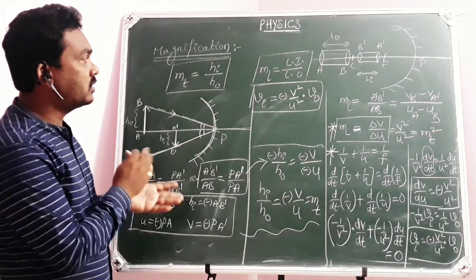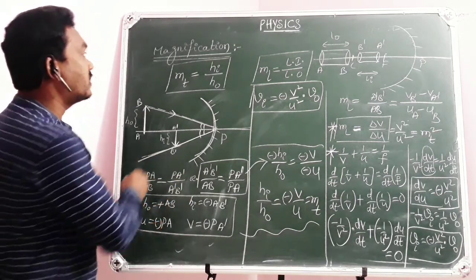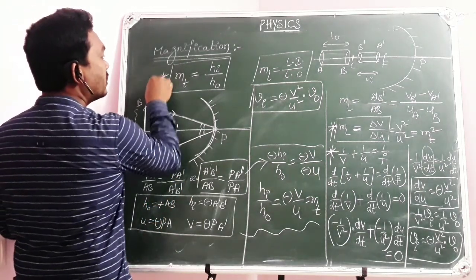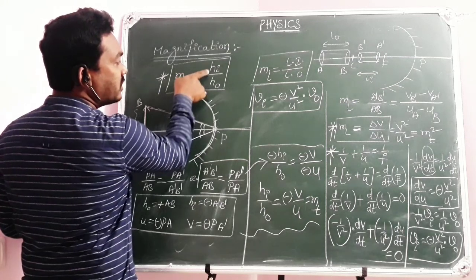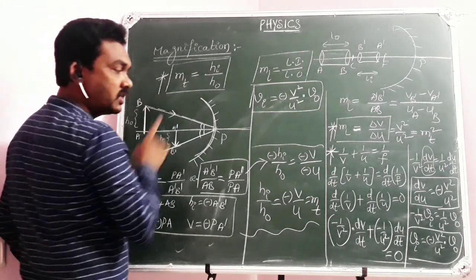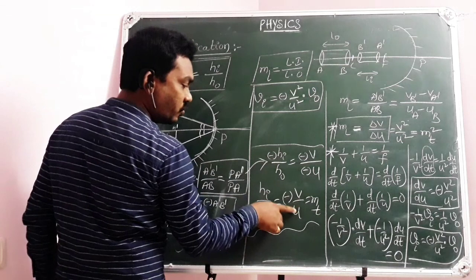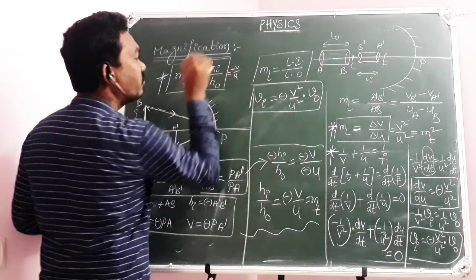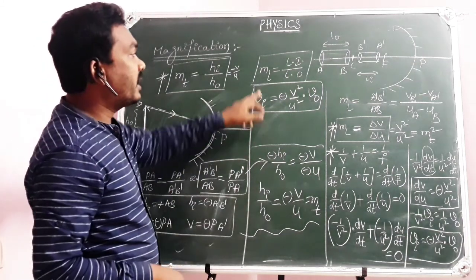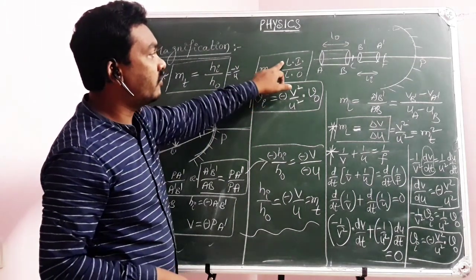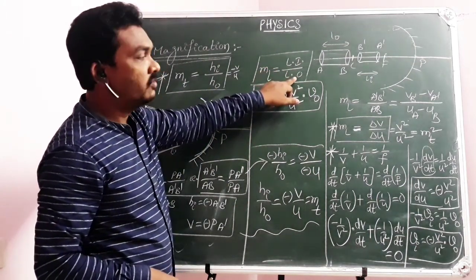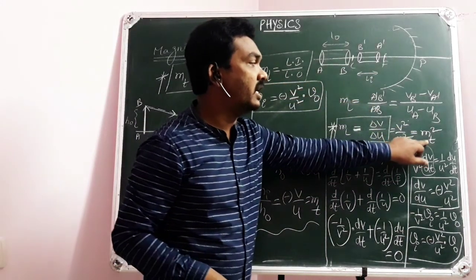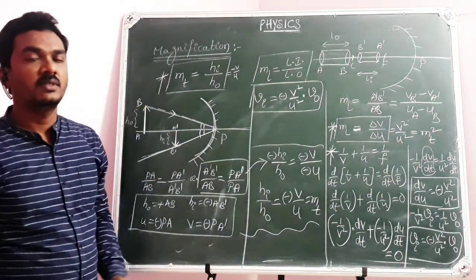So what are the conclusions from this board? Transversal magnification is the ratio between size of image and size of object, which is equal to minus V by U. Remember that. Linear magnification is the ratio of length of image to length of object, which is equal to the square of the transversal magnification.